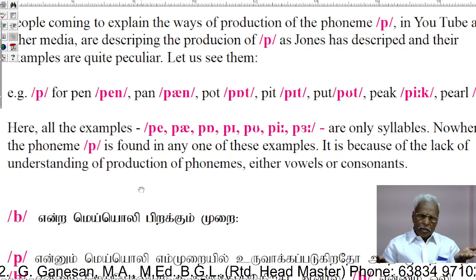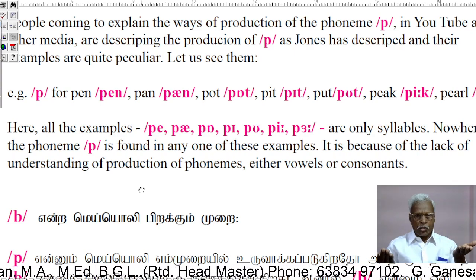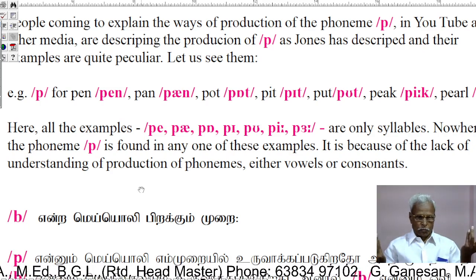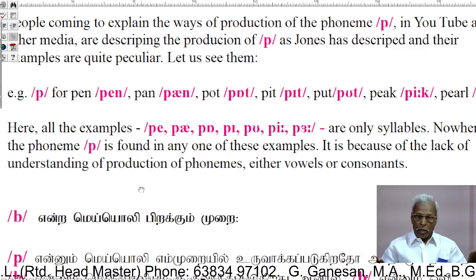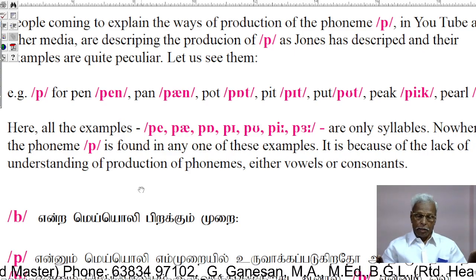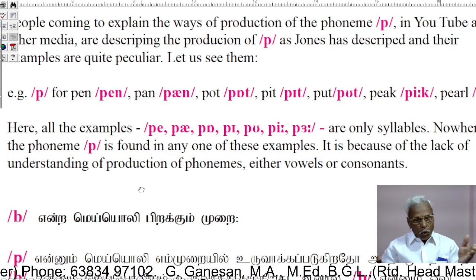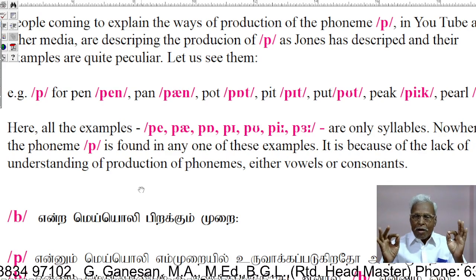See, is there the phoneme /p/ in any one of these examples? No. Here all the examples are pa, pa, po, pi, pu, pi, pa. Here nowhere are we able to find the phoneme /p/. So this is a wrong example.